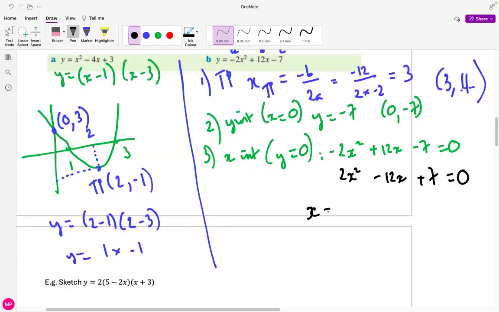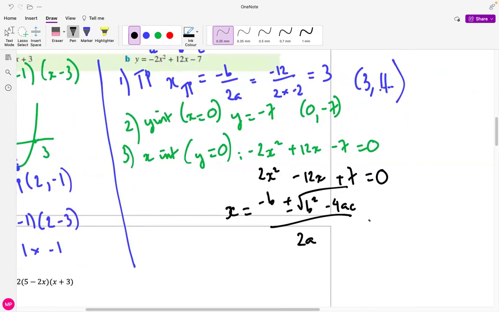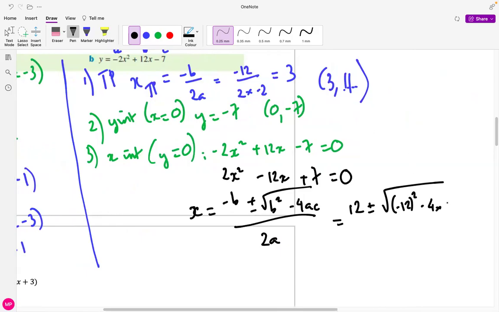So the formula is -b plus minus root b squared minus 4ac, over 2a. So we have negative b, which is negative 12, is positive 12, plus minus root of b squared, which is -12 squared, minus 4 times 2 times 7, over 2 times 2.